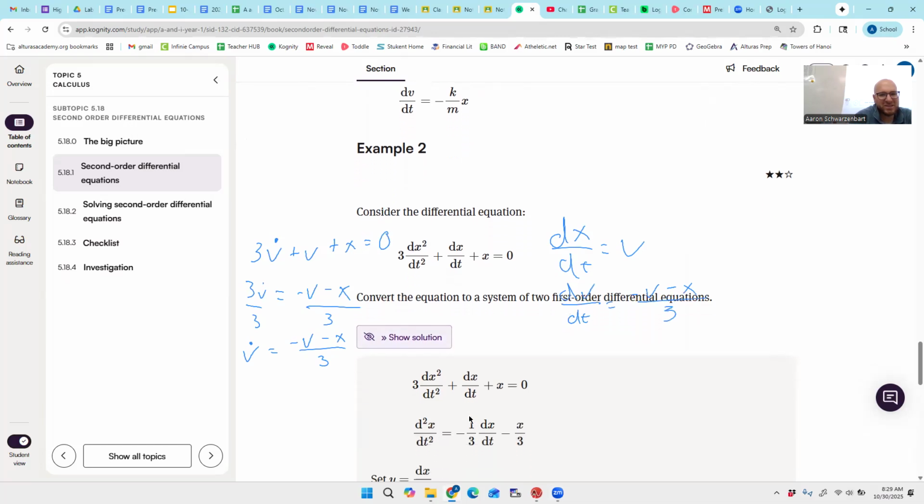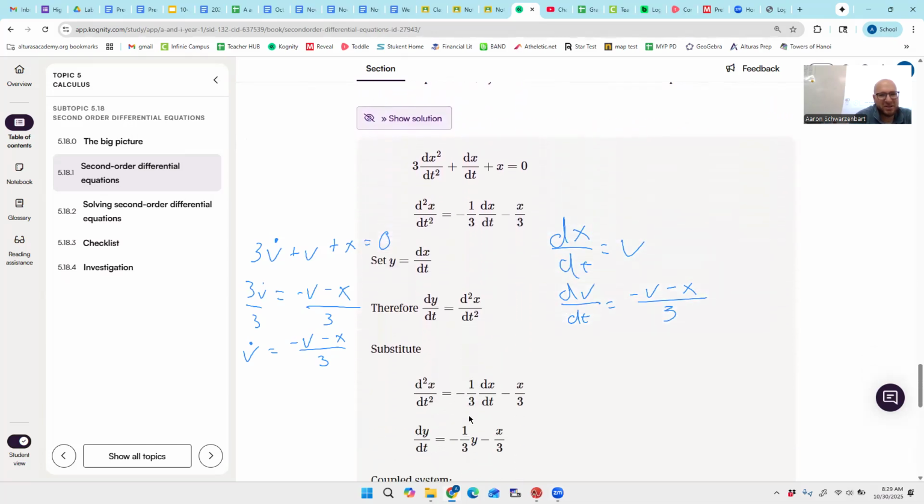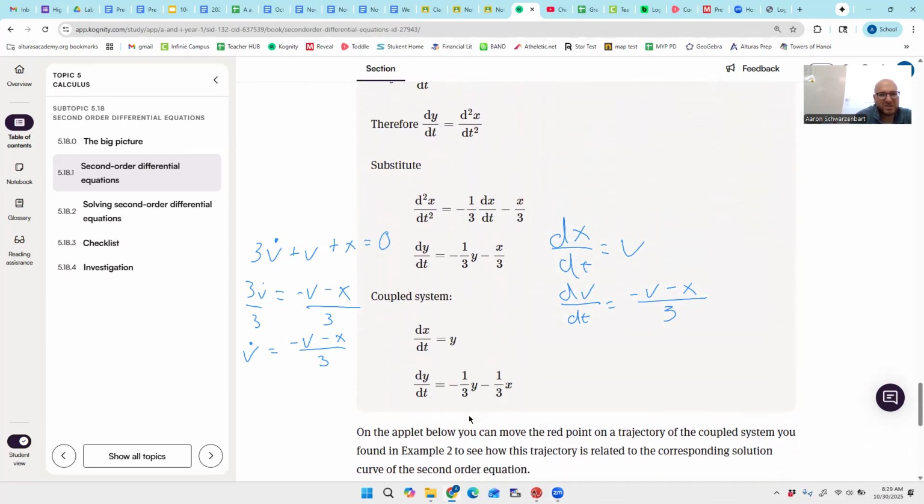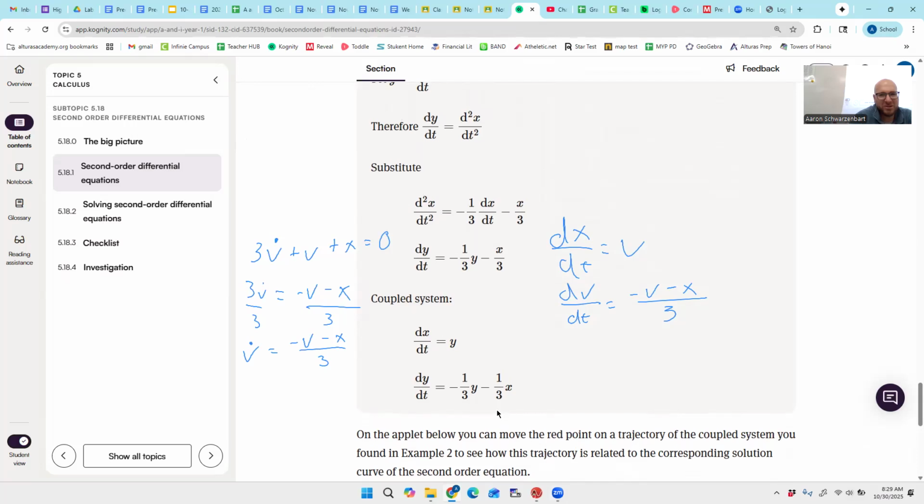There's a lot of tricks to these. You're not responsible for coming up with the tricks, you're just responsible for knowing them. Oh, they did dy dt instead of dv dt. They would accept either one. Okay.